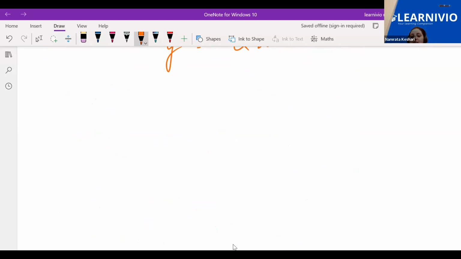Now we will be discussing exponential and logarithmic function. So basically, now we are going to talk about logarithmic function, then we will be talking about exponential function.